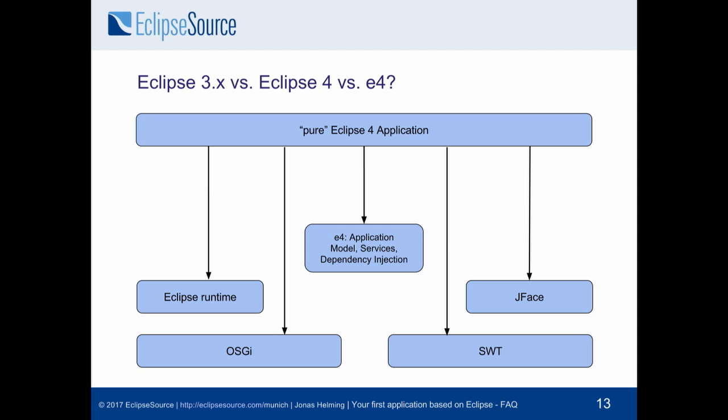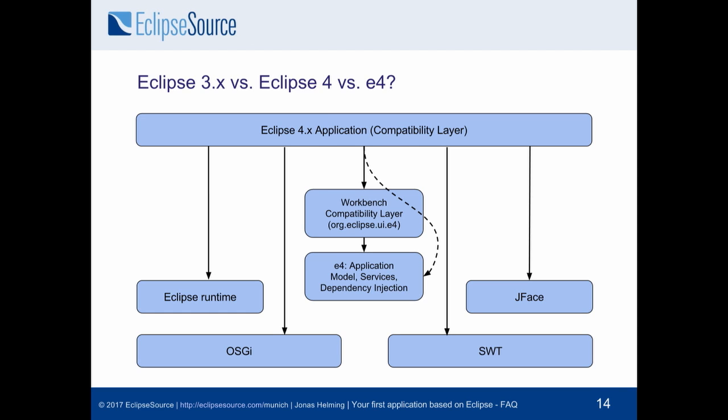Now, Eclipse 4 has changed this. So the API here has been completely reworked. Now, what you can actually do today is you can either use the old API for your Workbench contributions or the new one. The good news is if you have an existing application, there is a compatibility layer, meaning every Eclipse 4 version that you download has a layer which you can use in between the new API.